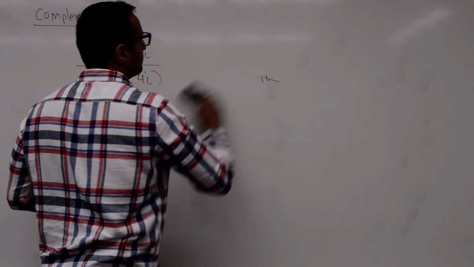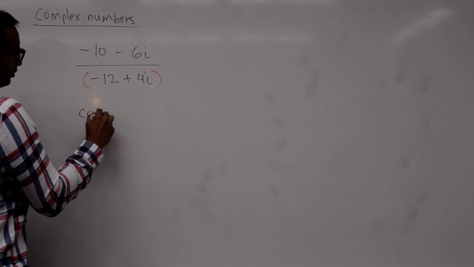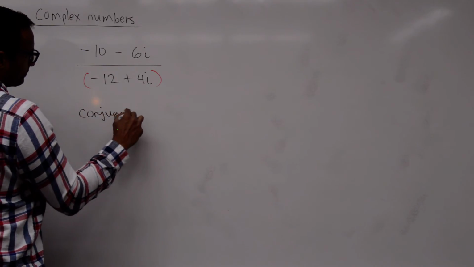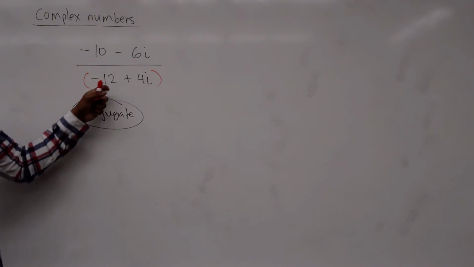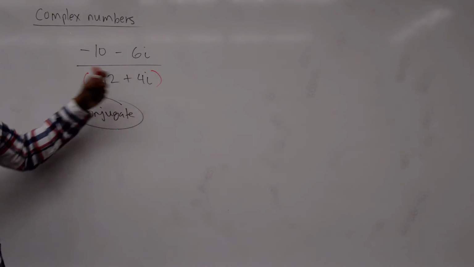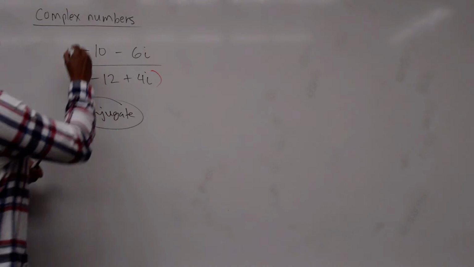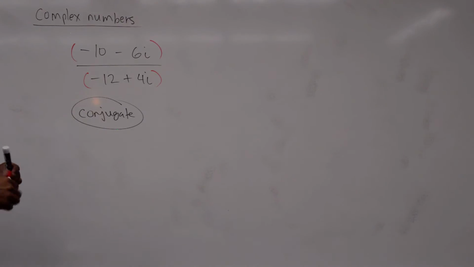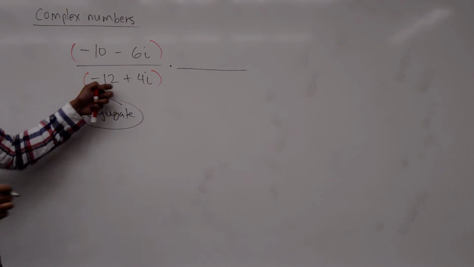So what do we do instead? In this case, you use something called a conjugate. And we'll talk about this a little bit more in class. So what is a conjugate? A conjugate is the same two terms with the sign changed. So instead of negative 12 plus 4i, we are going to multiply this by the conjugate of negative 12 plus 4i.